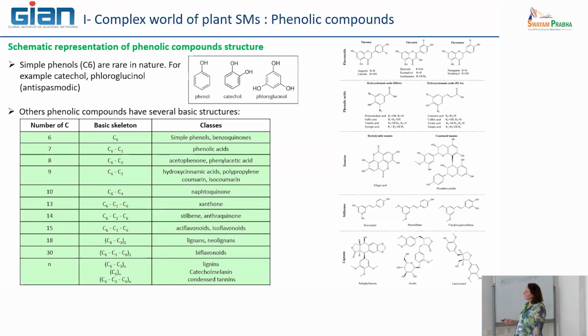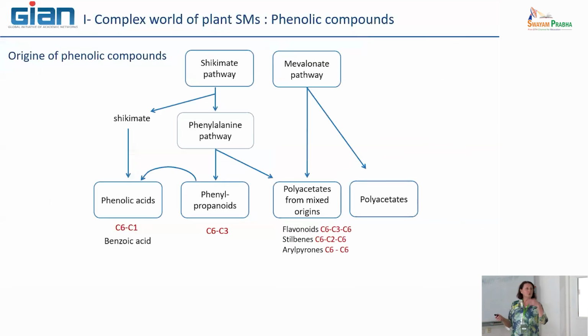Here are some examples. Okay, sorry. I have to find a way to change some of my slides for the next time. So here is the simple presentation of the origin of the phenolic compounds. We will see that they come from the shikimate pathway, one of the 4 routes I showed you before. And this leads to form shikimate that gives the first phenolic acid, the simple one.